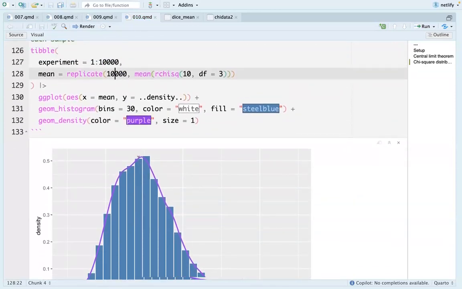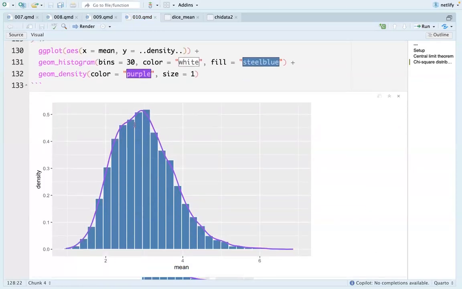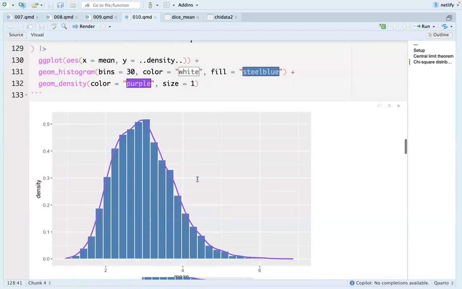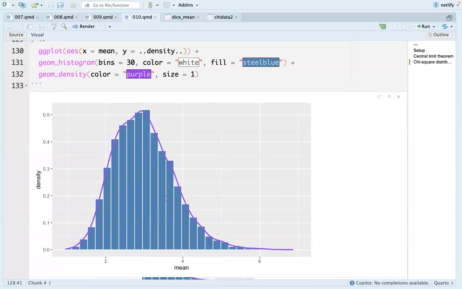The 10,000 means will roughly follow the normal distribution. But here, because the sample size is just 10, it's not a good normal distribution. You can see that the right tail is still longer than the left tail.